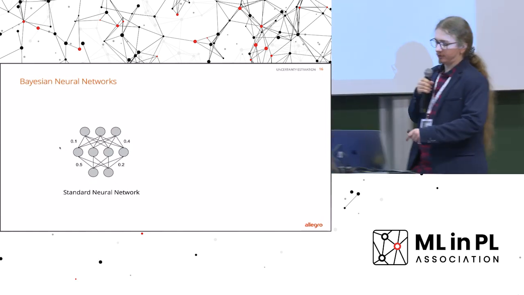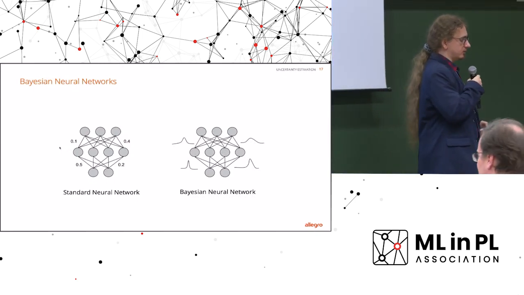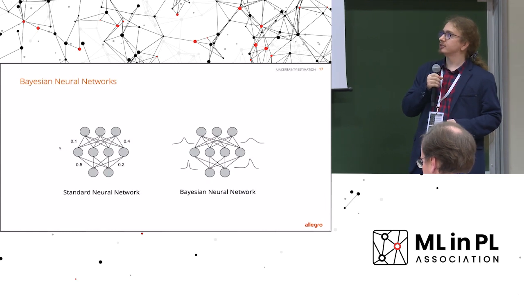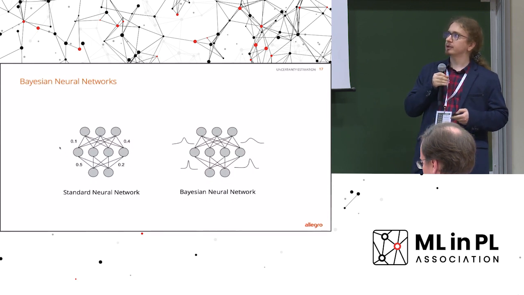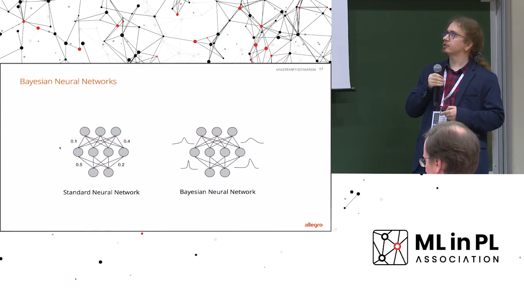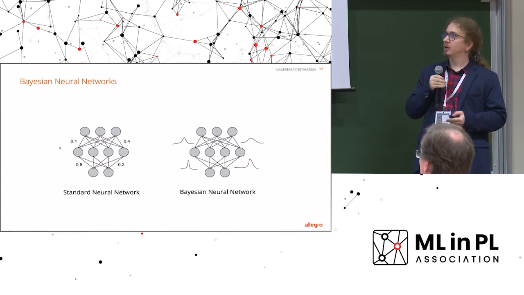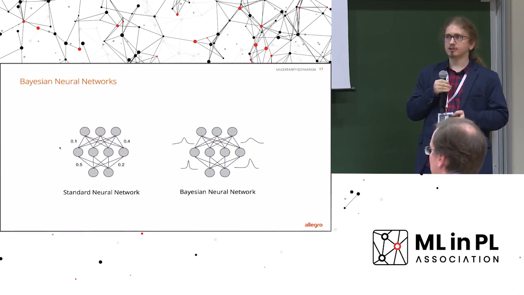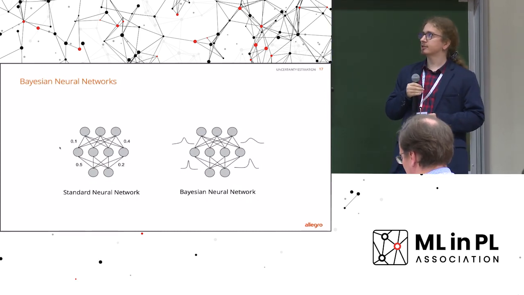This is not the case for Bayesian neural networks, because when we train such a model, we don't get discrete weights, but instead we get a probability distribution for each of these weights. So when we input a new example into such a network, we sample from these weight distributions. And this means that when we provide the same example multiple times, we can get different results. So with such a network, we can look at the predictive distribution, and from that predictive distribution, we can evaluate uncertainty.